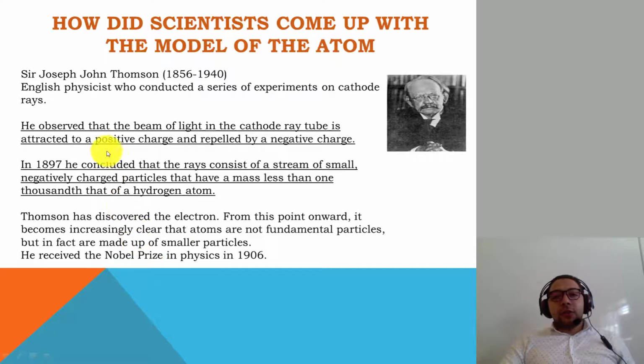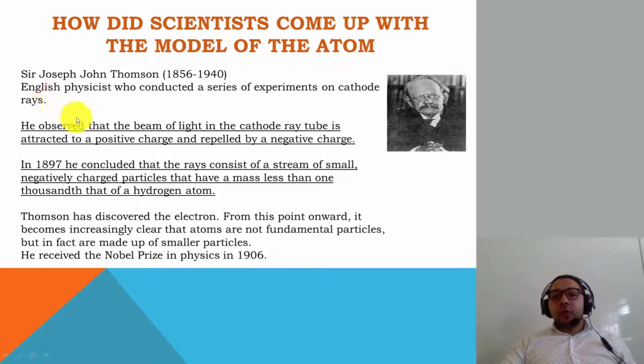Okay, let's see the history of discovering the atom. The first scientist that contributed to the discovery of the atom is called Sir Joseph John Thomson. This is an English physicist. His discovery was mainly built on the cathode ray.